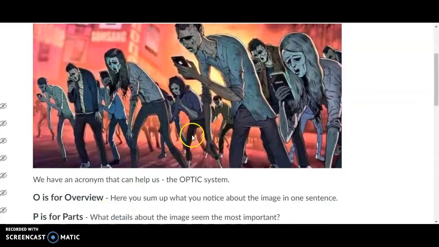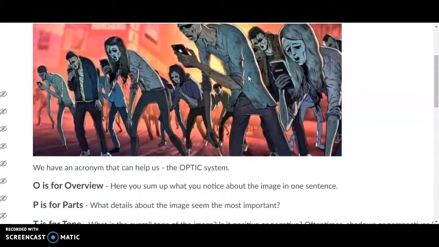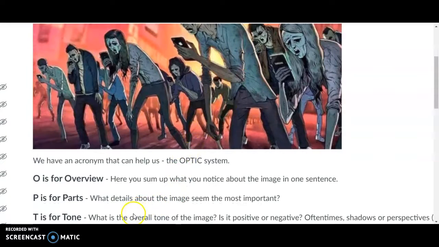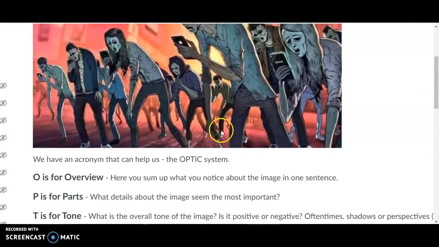P is for part. What details about the picture seem the most important? T is tone. What's the overall tone of the image? Is it positive or negative?